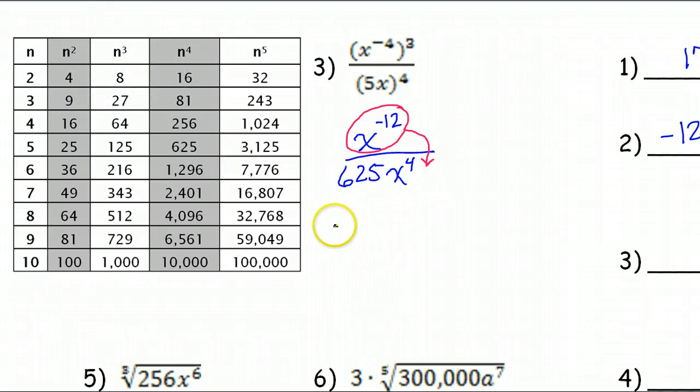Here are the things that are not moving. 625, that stays right where it is. x to the 4th power, that stays right where it is. Now this moves down, so I will have x to the 12th power in the bottom. Since there's nothing left in the top, I'm going to have to put a 1 up there. Don't forget that 1. Very important.